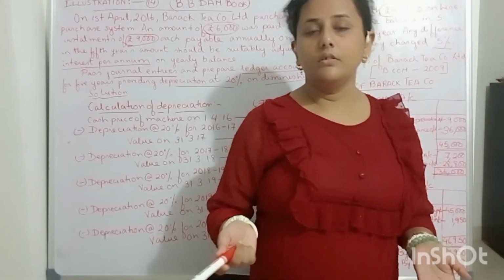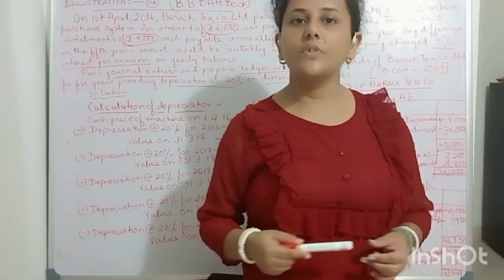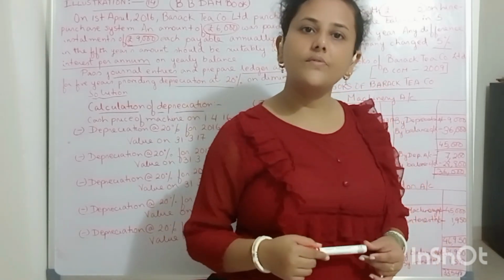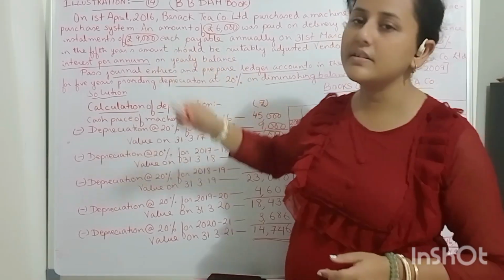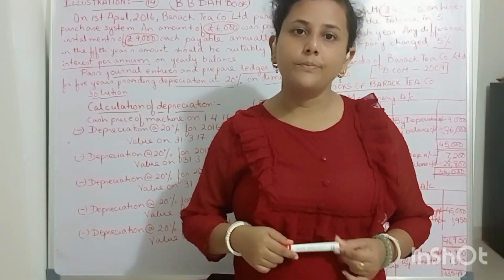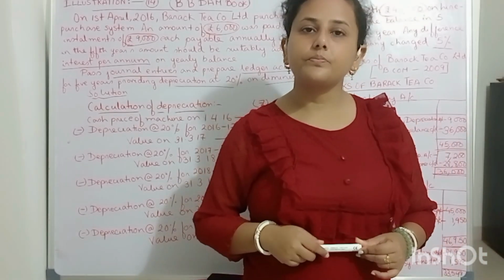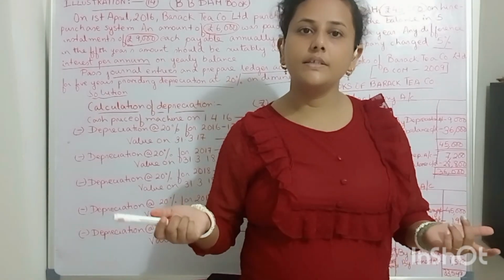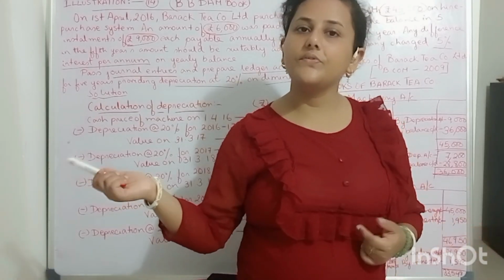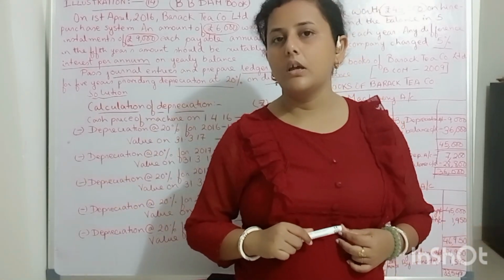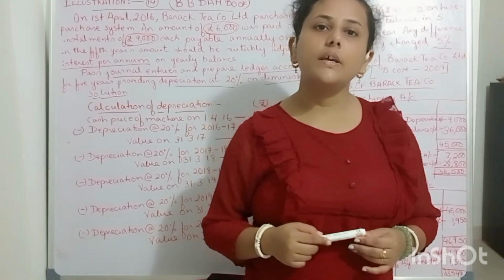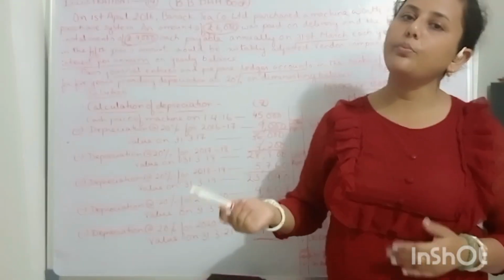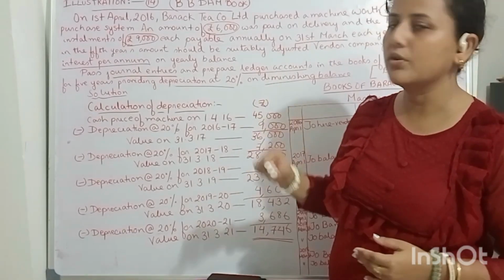Then for payment of installment, hire vendor account debited to bank account with the amount of installment, that is 9,000, on the year ending date, 31st March 2017.